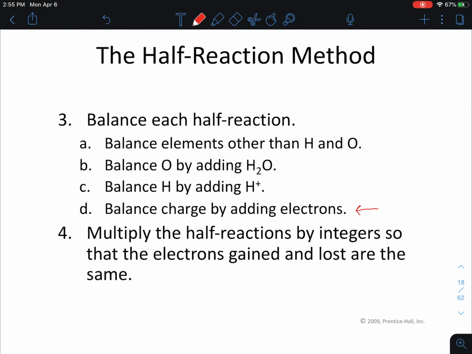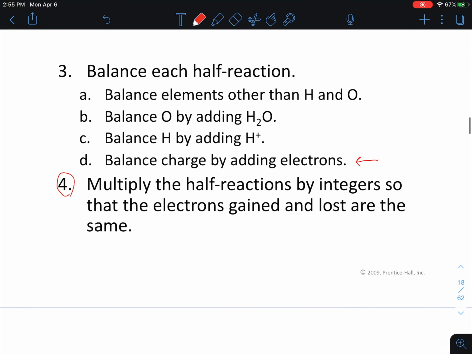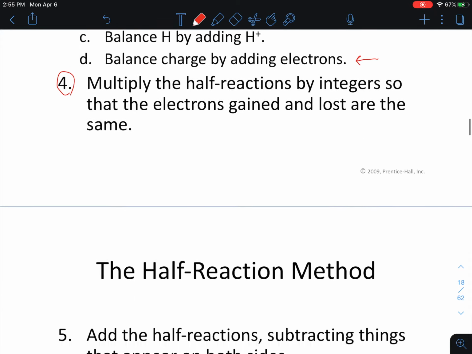Remember, since I'm adding in negative charges, I'm going to be adding them to the side that's more positive to make the overall charge equal. The last step here, number 4, says multiply the half reactions by integers so that the electrons gained and lost are the same. So we want to make sure that the electron flow is equal in both half reactions.